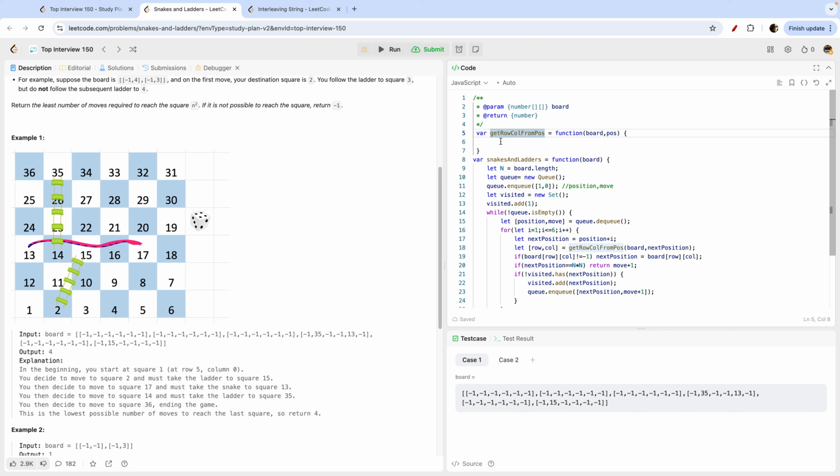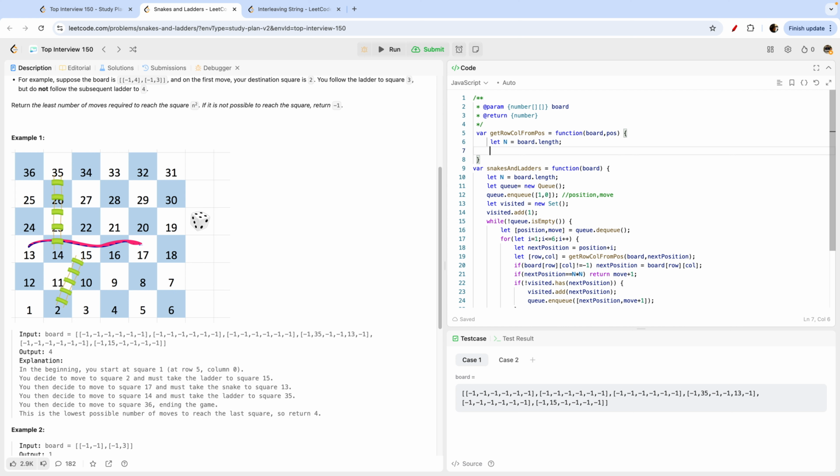Okay, now how to get the row column from the position. Let n be board.length.